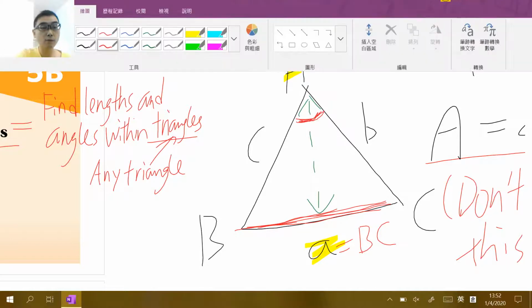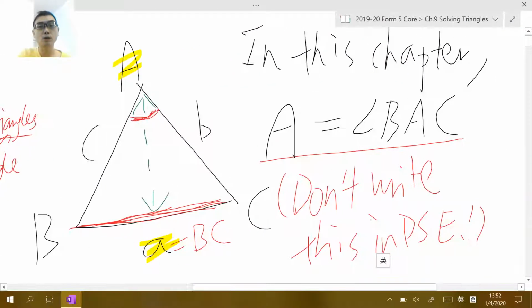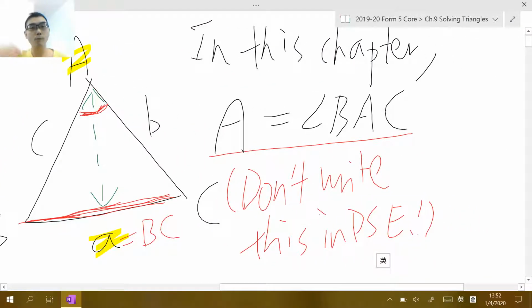Also you have to understand that for this chapter, because it wants you to know well the formula that you use in solving triangles, the book would omit writing the angle symbol. For example, you will simply write capital A to represent the angle BAC. But do remember, this writing is just for you to learn in this chapter, but it cannot be used in DSE, because in DSE you should always write in the suitable symbol to represent an angle.